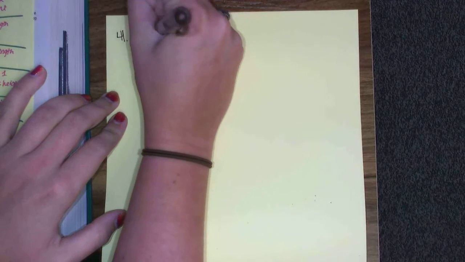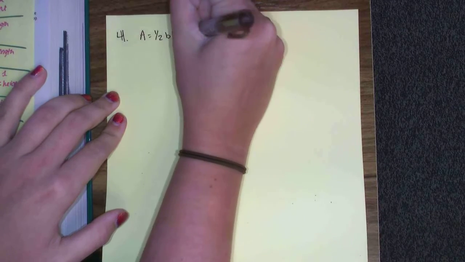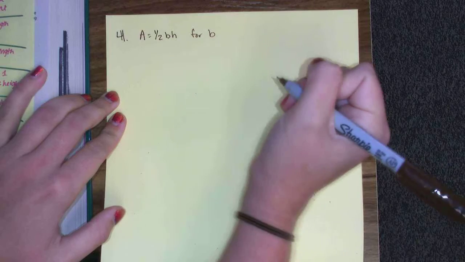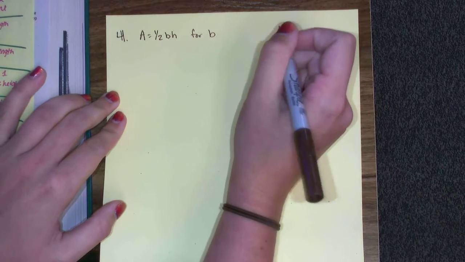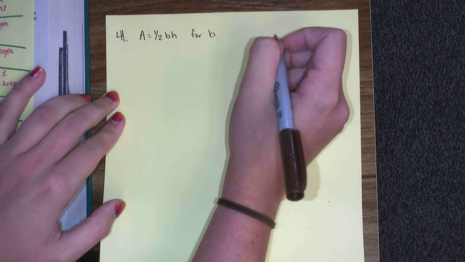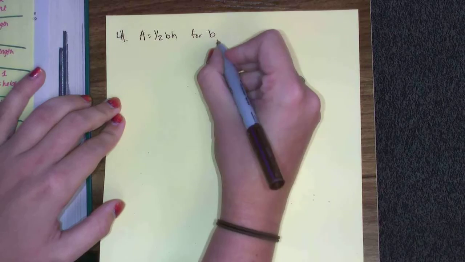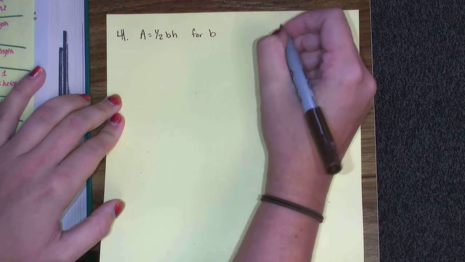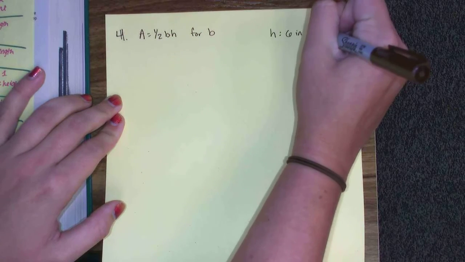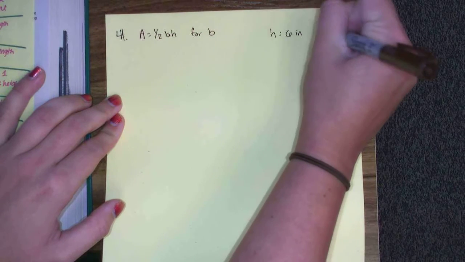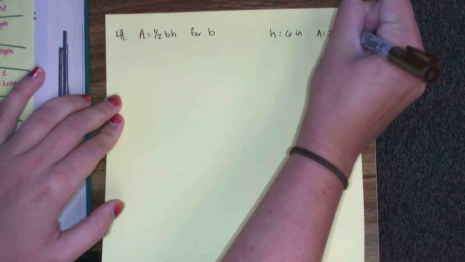This one says to solve A is equal to 1/2 BH for B. Okay, so we're going to get B by itself in this problem. Okay, and then the step after that says then find the base, okay, which is B, of the triangle with a height of 6 inches and an area of 24 inches squared.